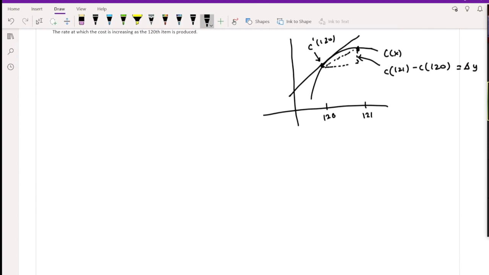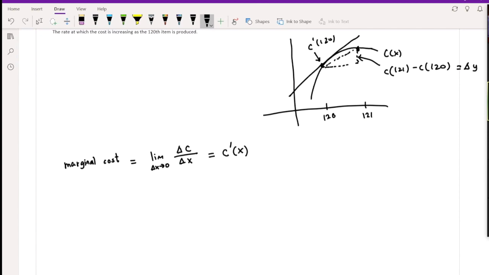The marginal cost, this term is used in business for this particular situation. It is the limit as delta x approaches 0 of the change in the cost function divided by the change in the number of items that you are producing, which is the definition of the derivative, giving us C prime of x.